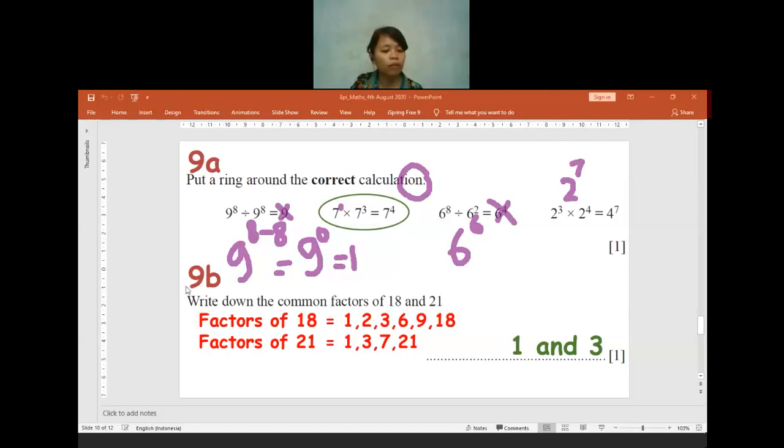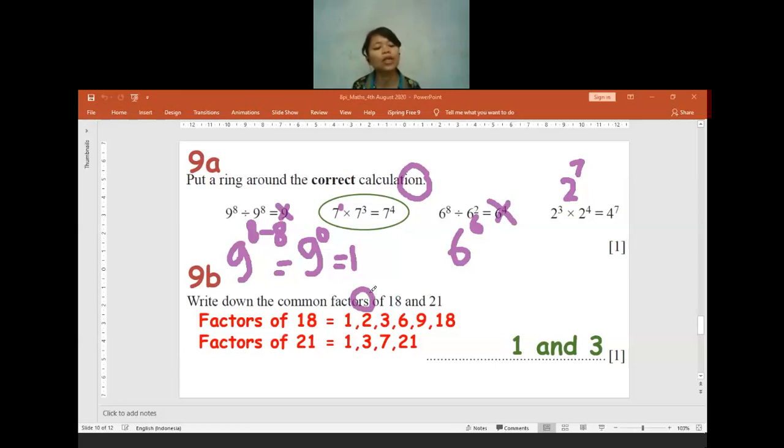Is there anyone who has difficulties at question 9a? Is there anyone? No? Okay. If you have no question, I will move to question 9b. For question 9b, write down the common factors. There is the letter S on it, which means the answer will be more than 1.